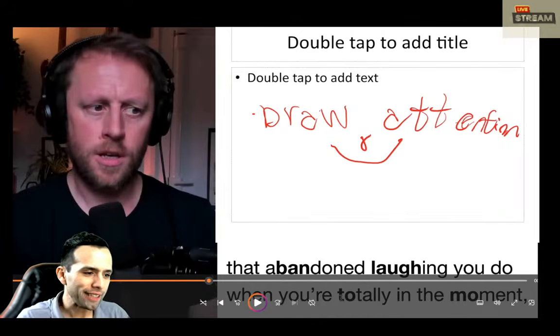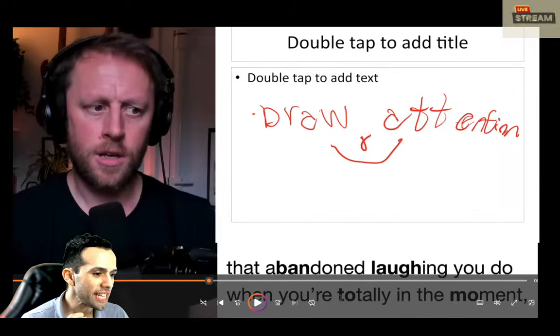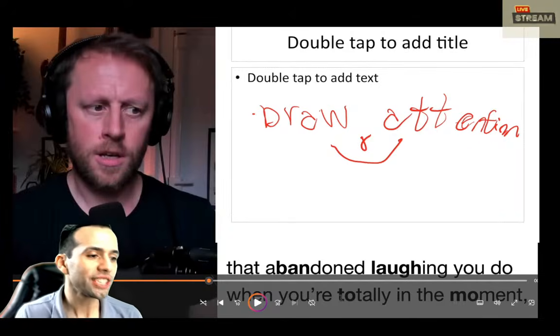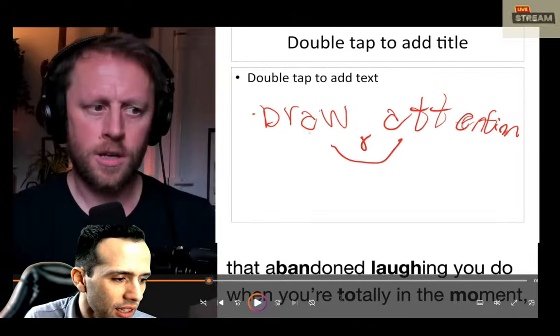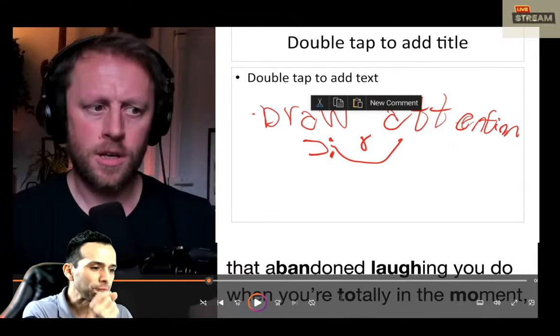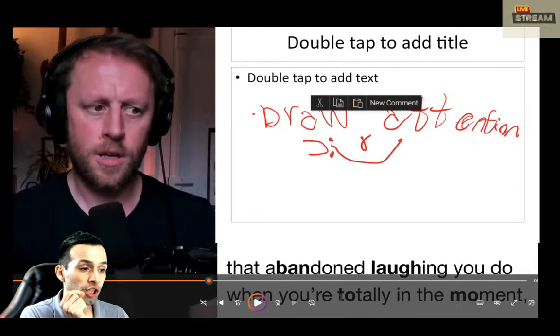But going back to this example, draw attention. This is a great example for the intrusive R's you mentioned, right? Because we've got the word draw ending in actually being pronounced with a long O sound in British English, and the next word begins with a schwa, attention.